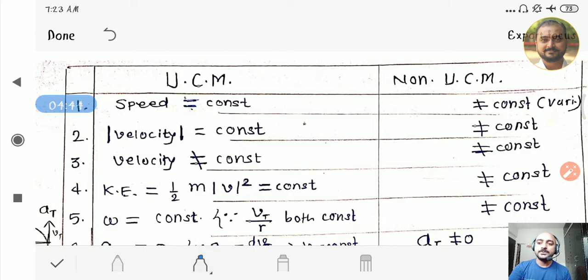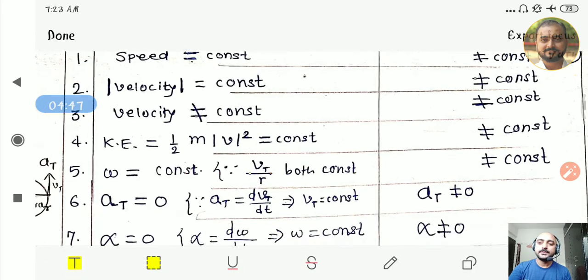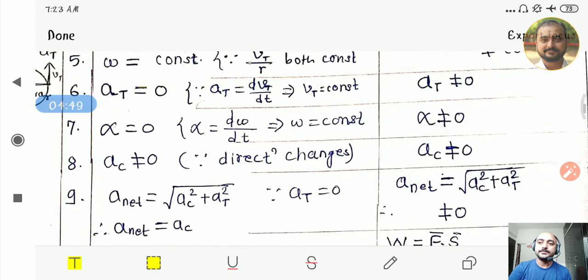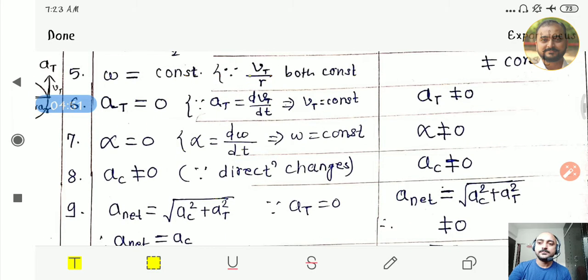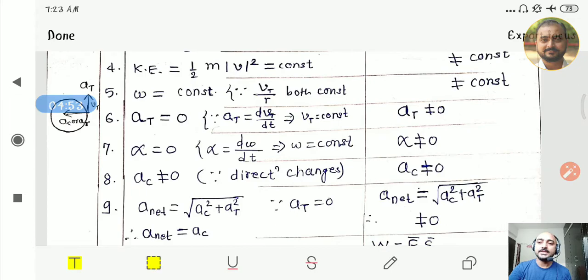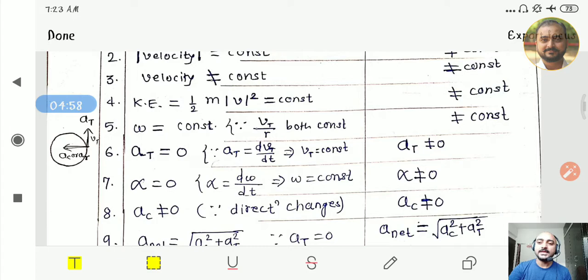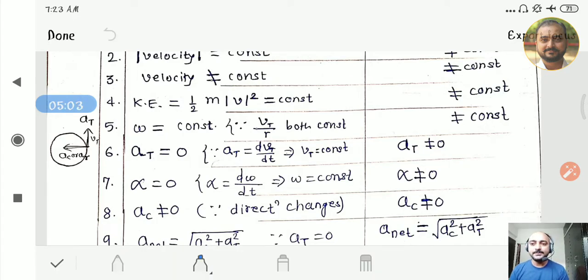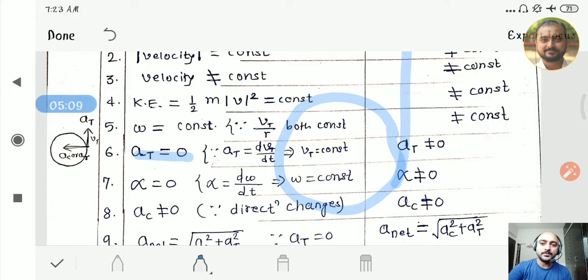Next point is the tangential acceleration is equal to 0. Why is the tangential acceleration 0? The reason is simple: when a particle performs uniform circular motion, this is the velocity along the tangent, the tangential velocity. It is constant.